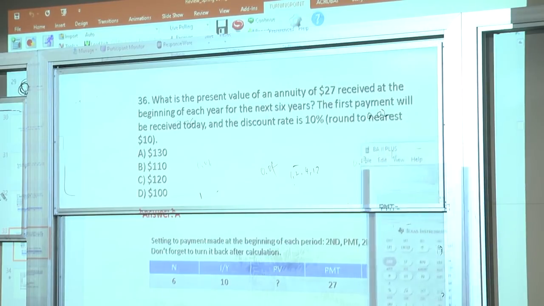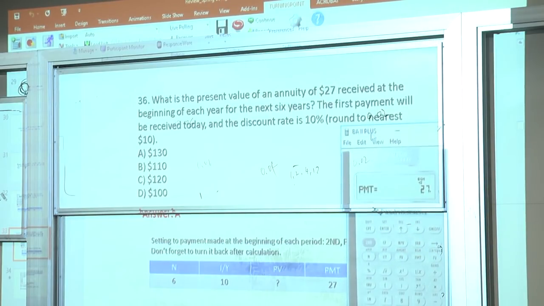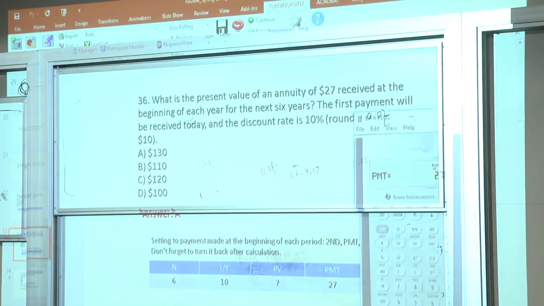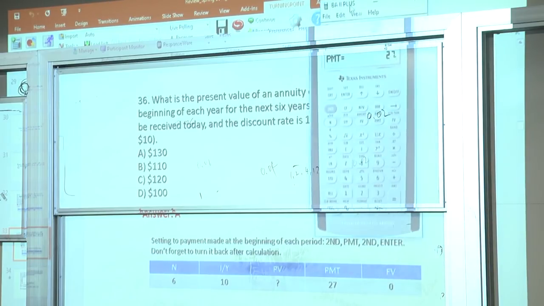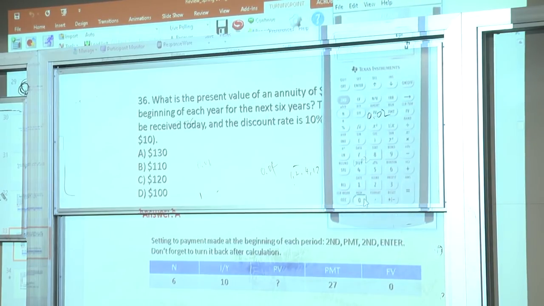Any terminal cash received? No, they're all periodic payments, so there's no future value. Calculate PV. It's about 130. This is how we do it.